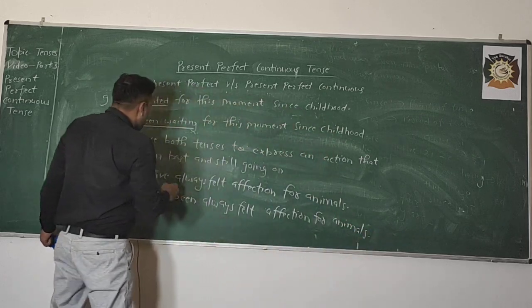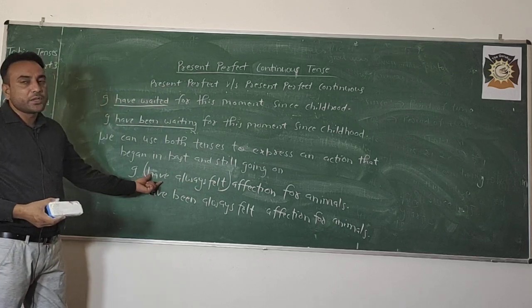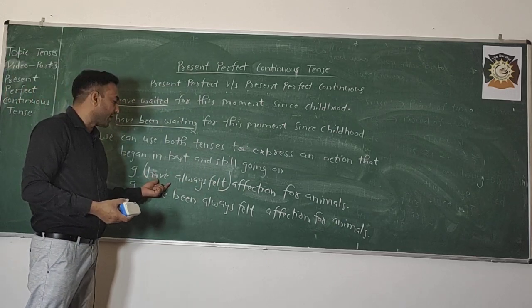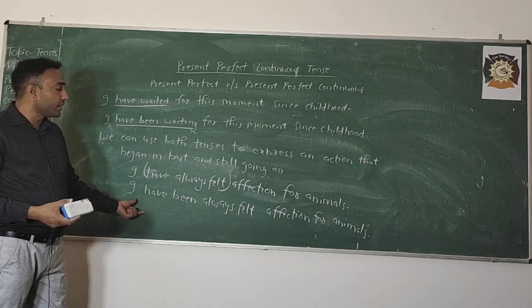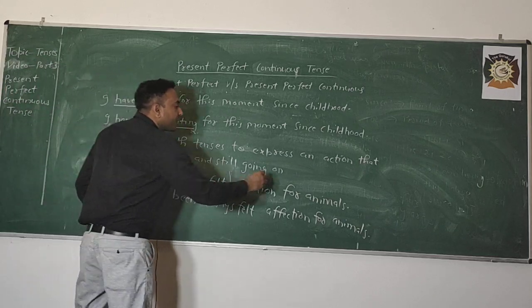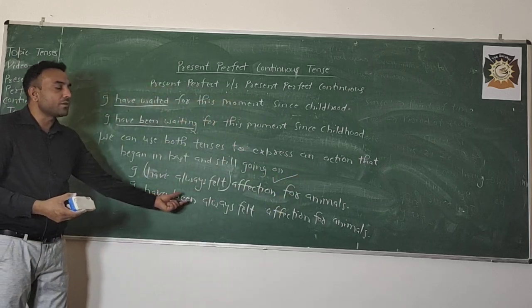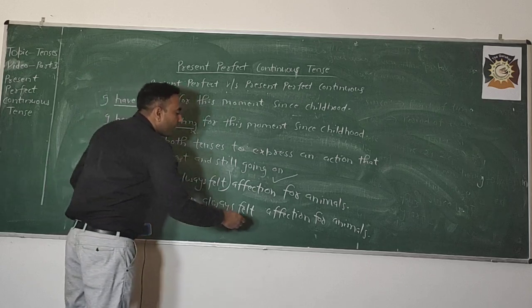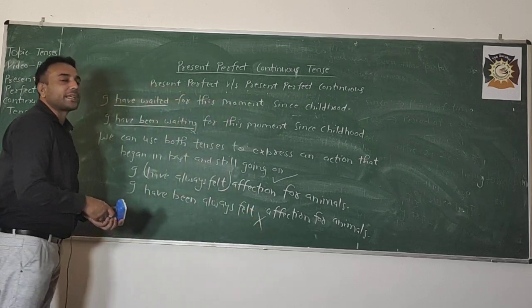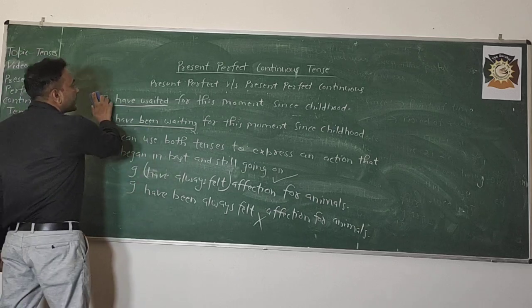This verb, have always felt, can be used only in present perfect tense, not in present perfect continuous tense. So this sentence is correct, but the second one, have been always felt, is incorrect. We will not use it. So some verbs cannot be used in present perfect continuous tense.